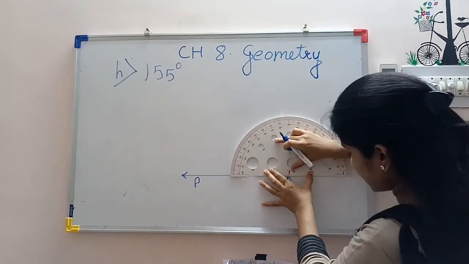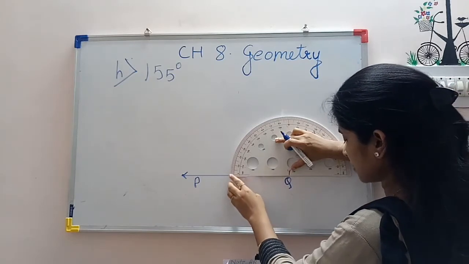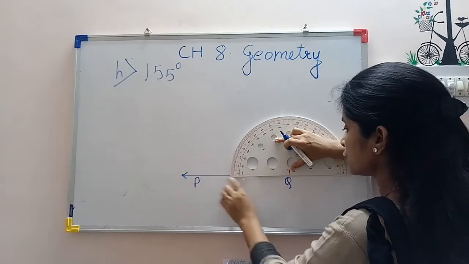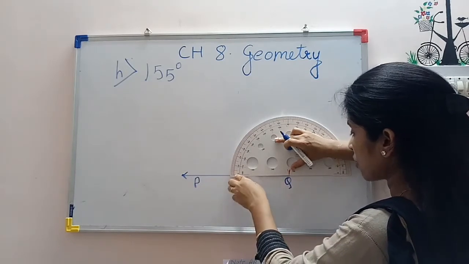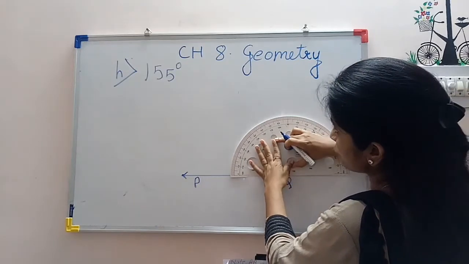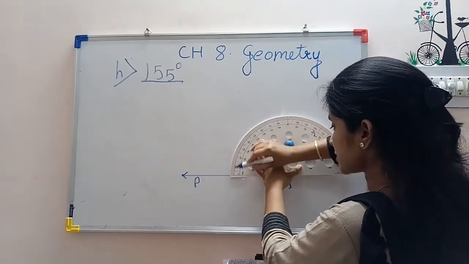After that, now look at this, that PQ meets the 0 degree point along the outer scale. Now we will measure this 155 degree on the outer scale.